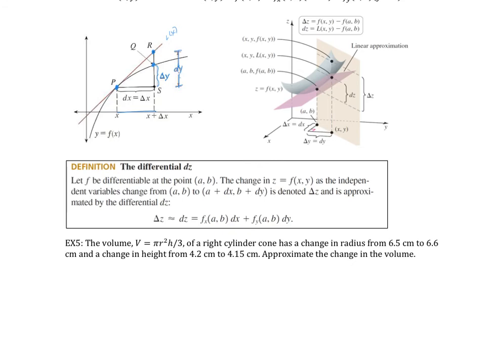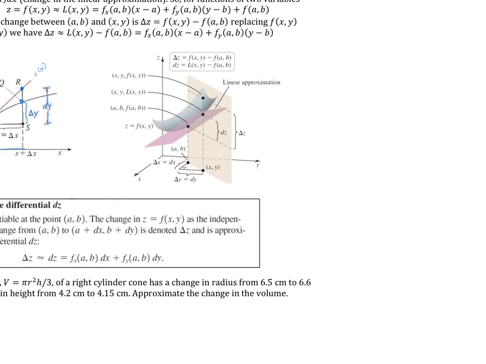Take this idea and look at it in three-dimensional space. Let's say that we have some point (a, b), and we go some delta x and some delta y to get to this new point (x, y). At (a, b), this point corresponds to a point that is on the surface and also on the tangent plane.